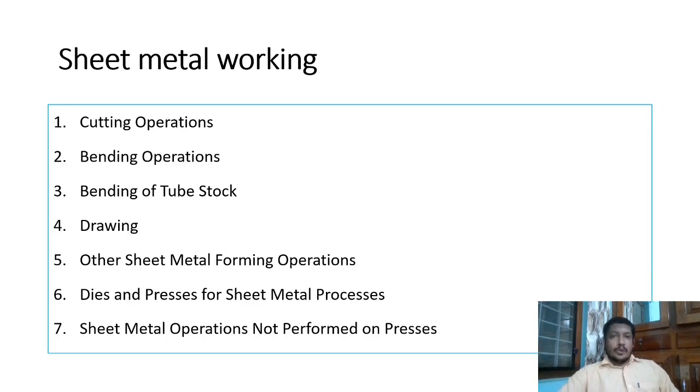So as I told you, under sheet metal working you will see cutting operations, bending of tube stocks, drawing, other sheet metal forming operations, dies and presses for sheet metal processes, and sheet metal operations not performed on presses. So these are the things you will be seeing under the complete heading of sheet metal working operations.